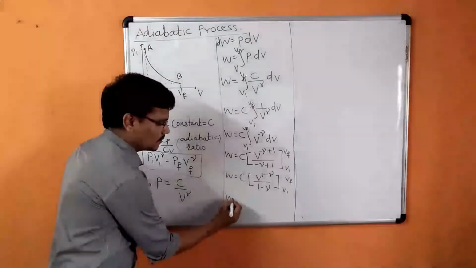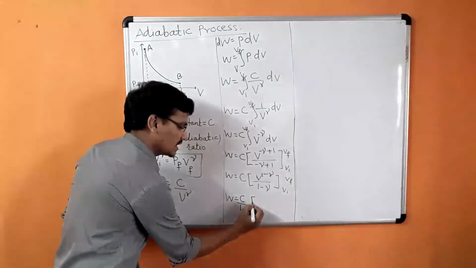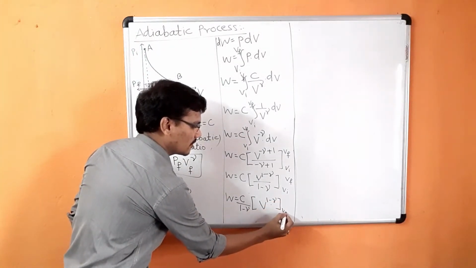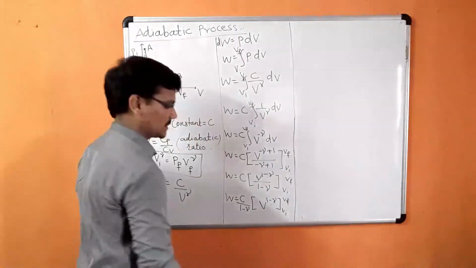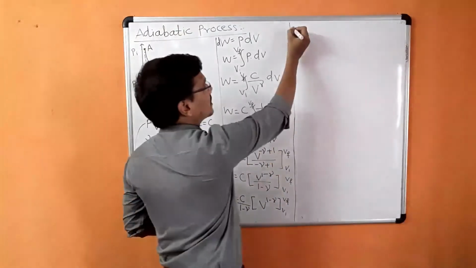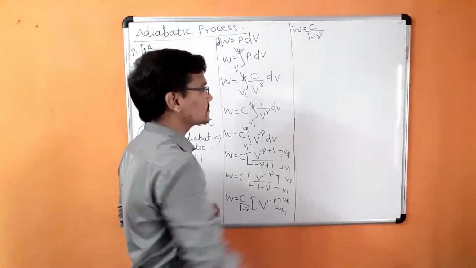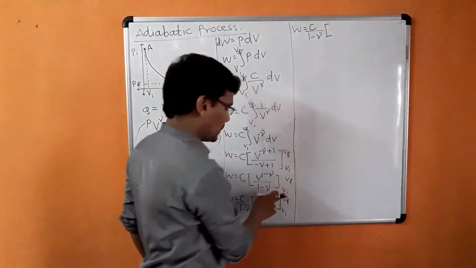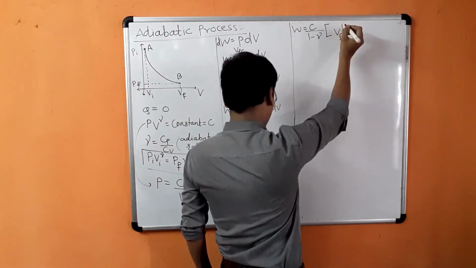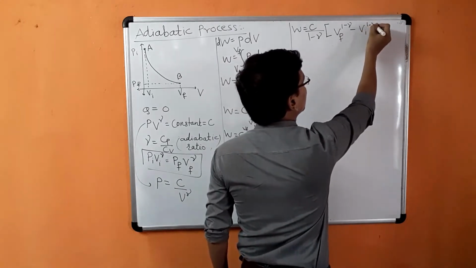Next, W equals C upon 1 minus gamma in bracket V raised to 1 minus gamma, limit from Vi to Vf. Now put the value of upper limit and lower limit. W equals C upon 1 minus gamma in bracket, upper limit is Vf, therefore Vf raised to 1 minus gamma minus Vi raised to 1 minus gamma.